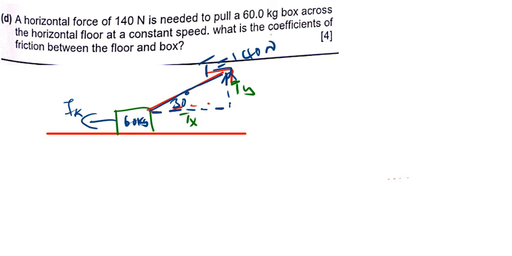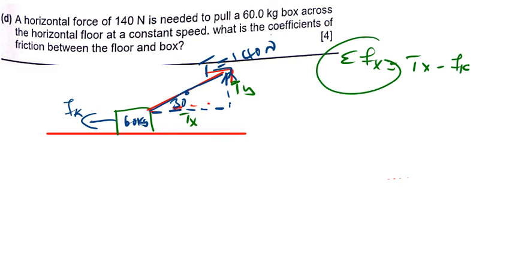Since this object is moving in the x direction, you say the summation of forces in x direction: we have got the Tx minus the Fk. The Fk is the friction force. The net force is going to be replaced by 0 because it is at constant speed.